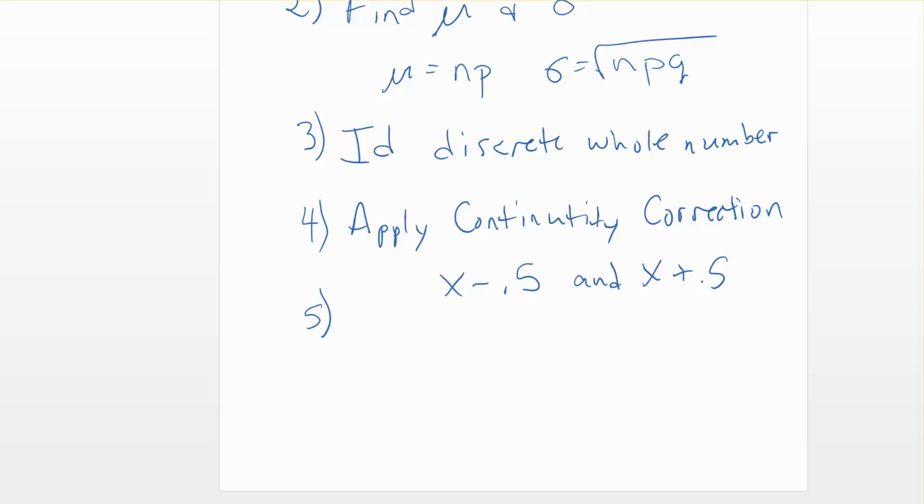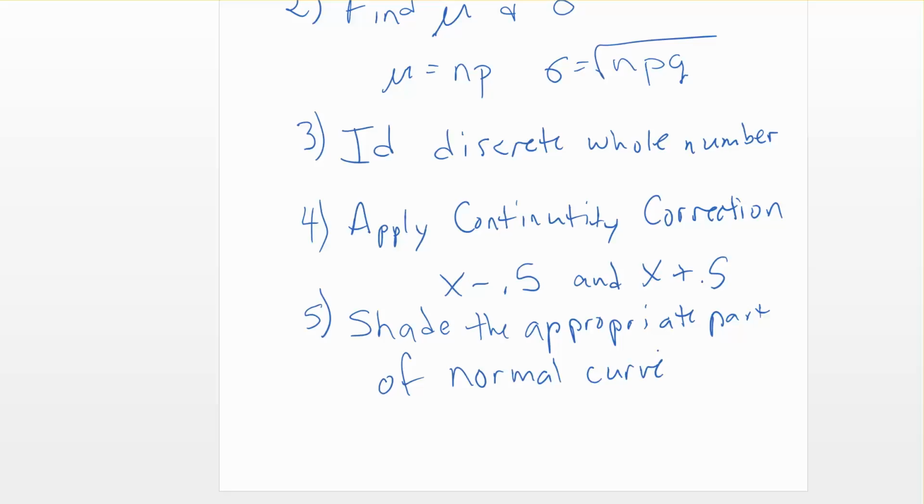It says then determine whether you want the probability of at least, at most, more than, fewer, or exactly. So I'm going to put, it's kind of weird, but I'm going to put shade the appropriate part of the normal curve.